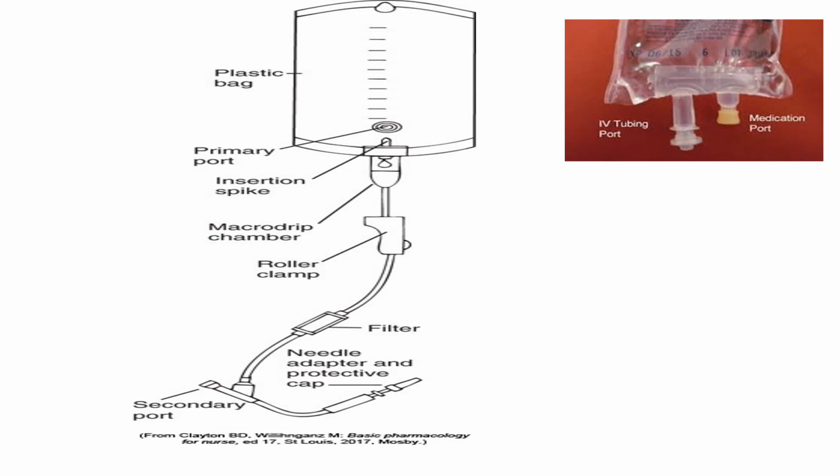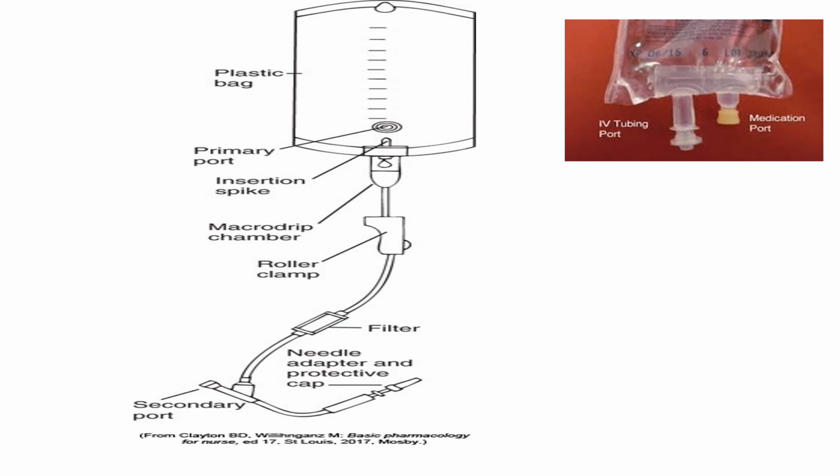So let's start with the illustration to the far right that shows the ports. There are usually 2 ports on the bottom of the IV bag. There is the IV tubing port where you would insert the IV tubing, the spike of it. You'll see it when we get to lab, but it's a sharp spike that is inserted in a twisting motion into the IV tubing port.